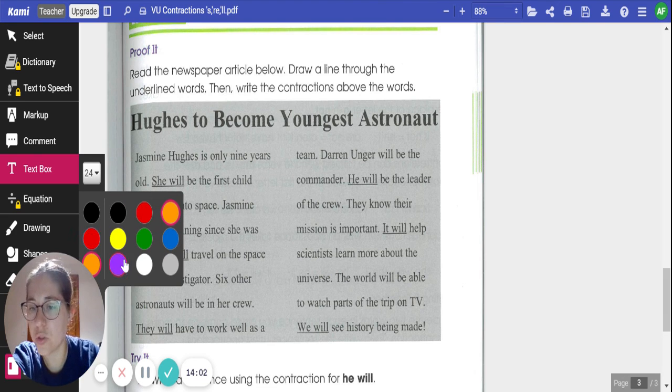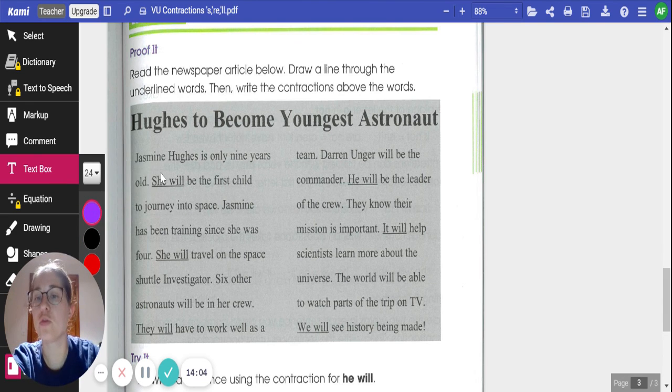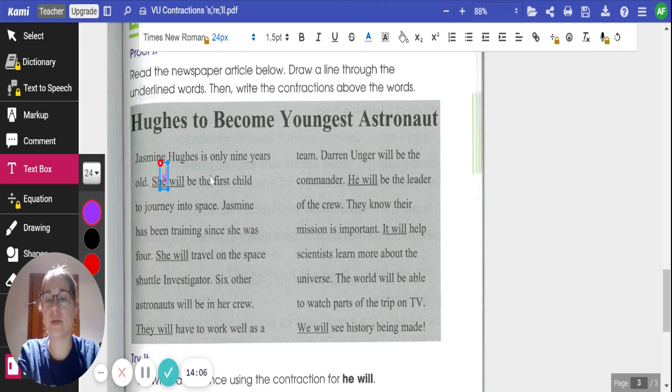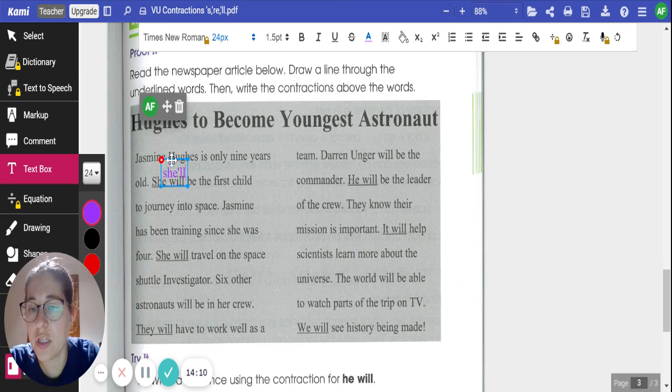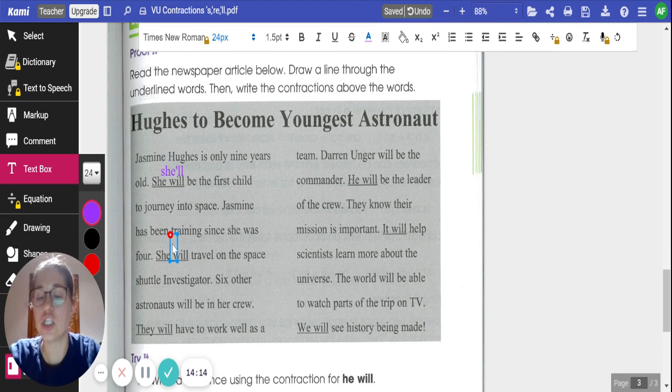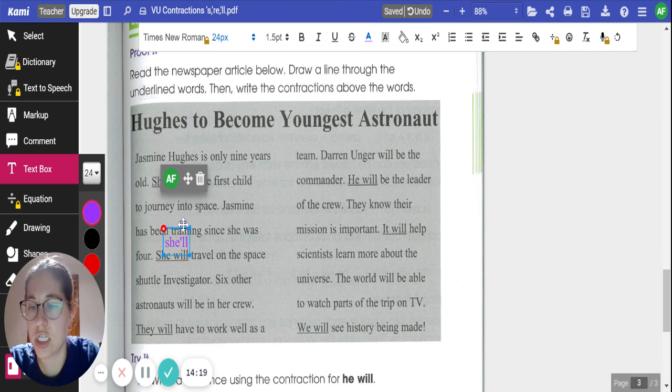I will review those contractions quickly before we move on. For she will, we know that becomes S-H-E apostrophe L-L, she'll. She'll be the first child to journey into space. We see she will again. We know that is S-H-E apostrophe L-L.